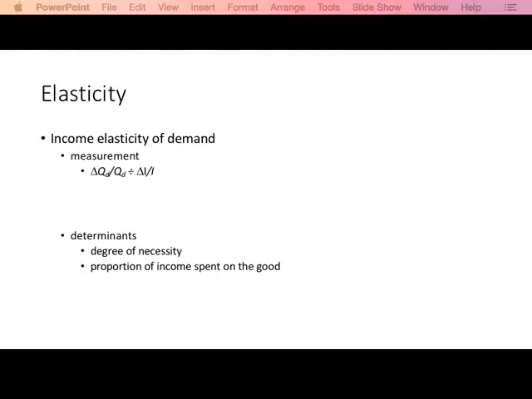Let's say more expensive goods, we try to consume less of them as our income declines. But if the good makes up a very small proportion of our income, then we keep buying it anyway.